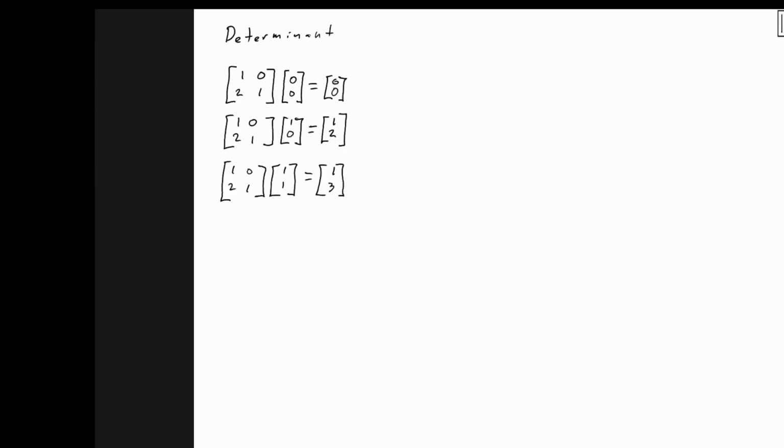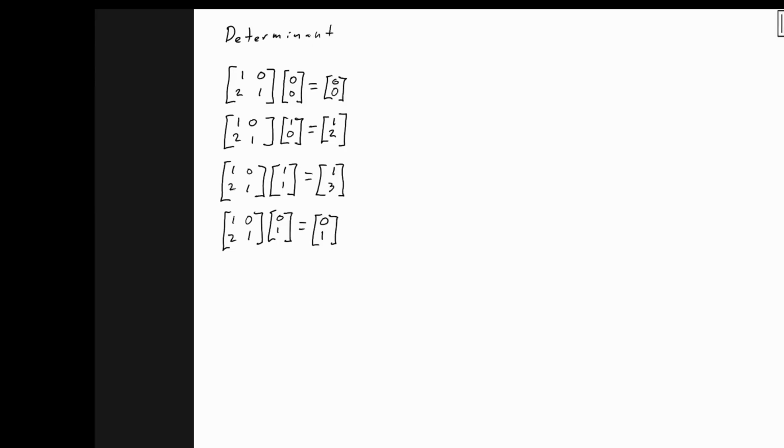And finally, I want to look at what happens when I multiply this by the vector 0, 1. In this case, I get 1 times 0 is 0, plus 0 times 1 is 0. 0 times 2 is 0, plus 1 times 1 is 1. And so I get 0, 1.